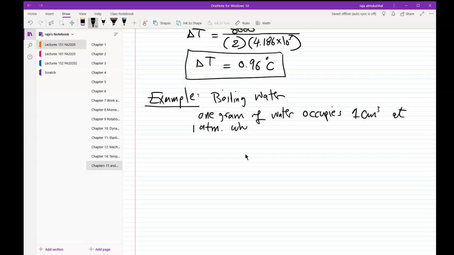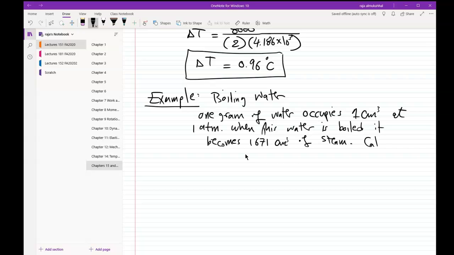When this water is boiled, it becomes 1,671 centimeter cubed of steam. Okay?